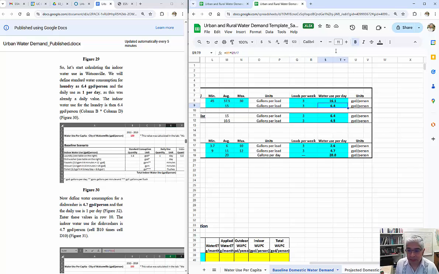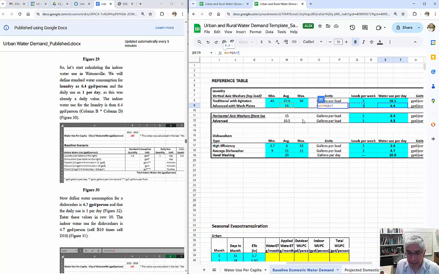So in this case, we're dividing this average consumption per use. You use it 3 days, and we're dividing it over 7 days per week, right? So in order to know how much water is used on a single day, on average.